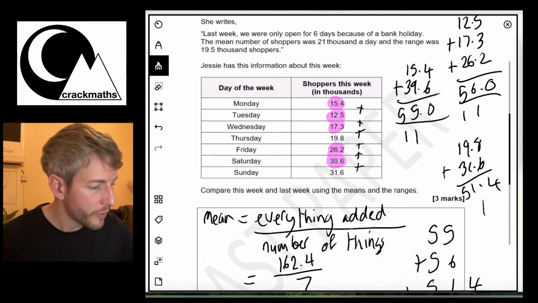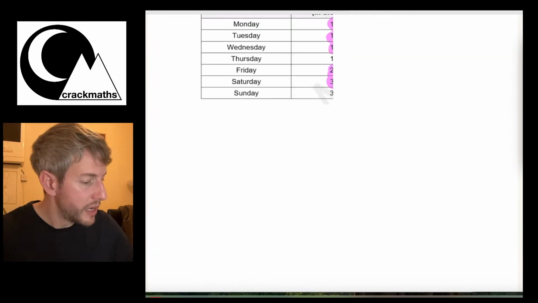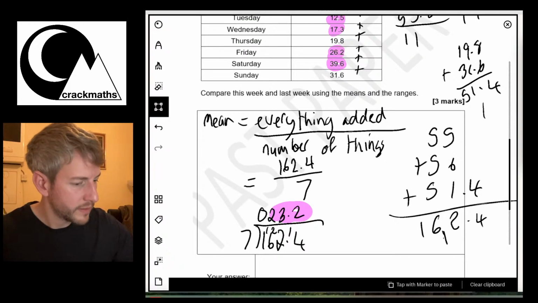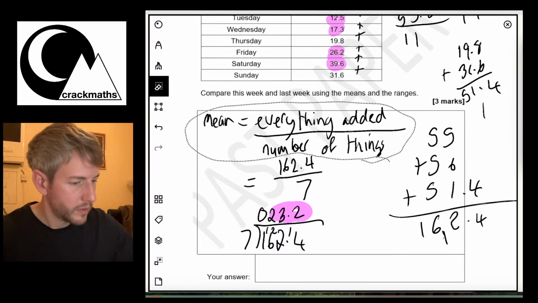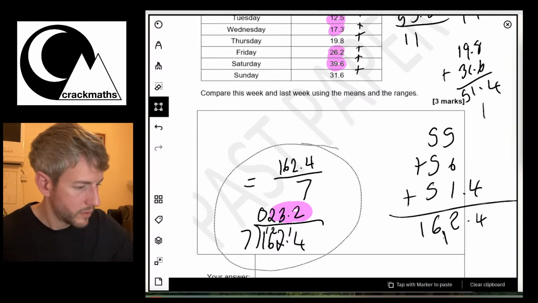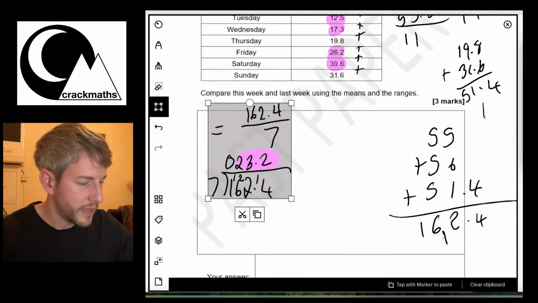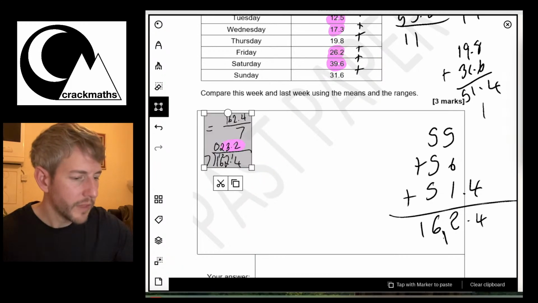And let's work out the range. So the range, remember, is the highest take away the lowest. One sec, I'm just going to delete this and move this up here, just to make some space. So we've got the mean.